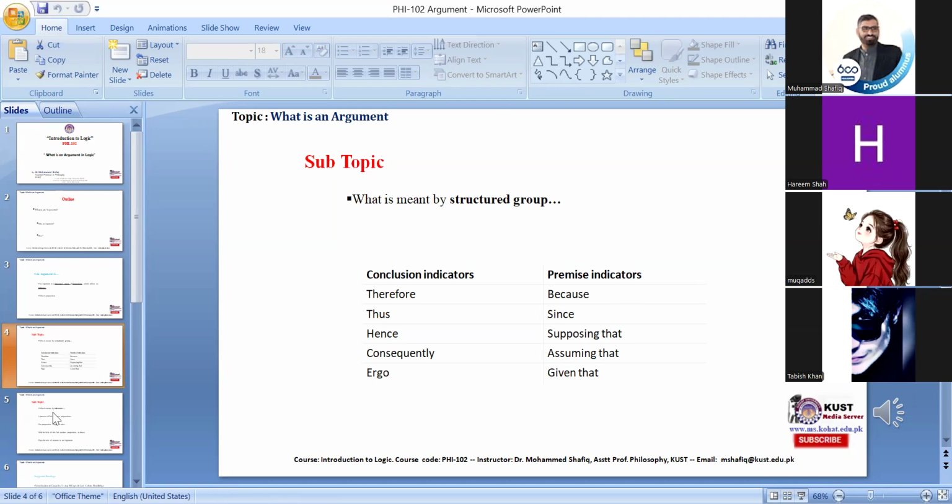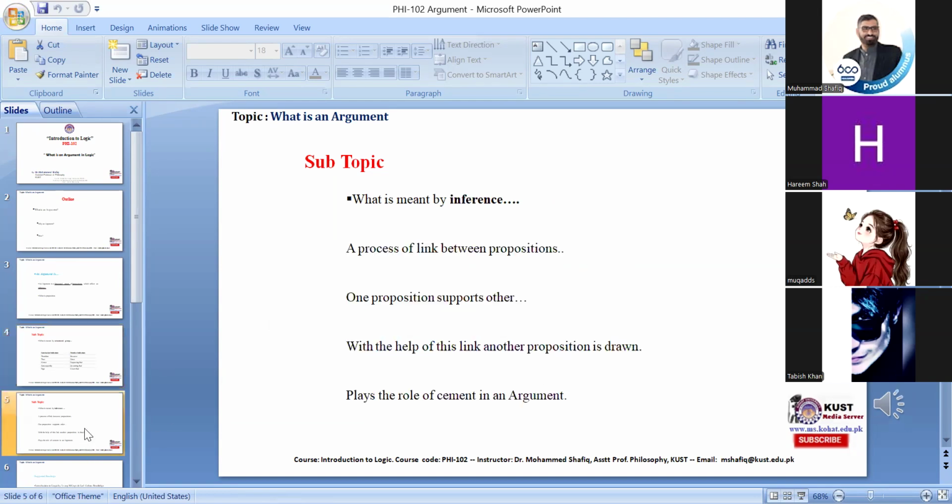Now, after discussing the structured group of propositions, the next thing we need to understand is the inference. What is the inference? The inference is a process of link between the propositions.